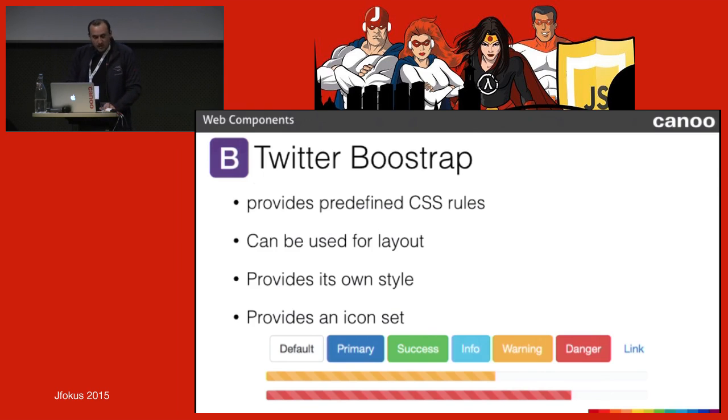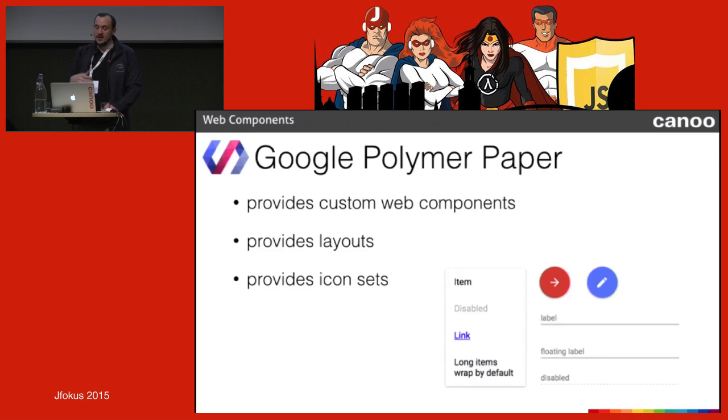And what you can do with web components, if you want a UI toolkit, is shown by Google. What Google does is, based on its Polymer library, it created something like a UI toolkit called Polymer Paper.